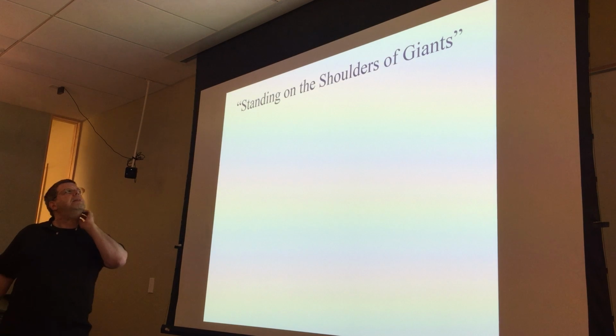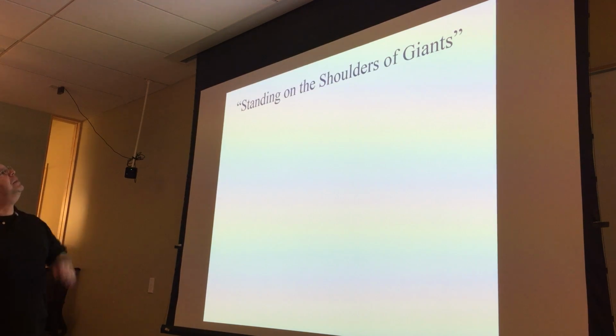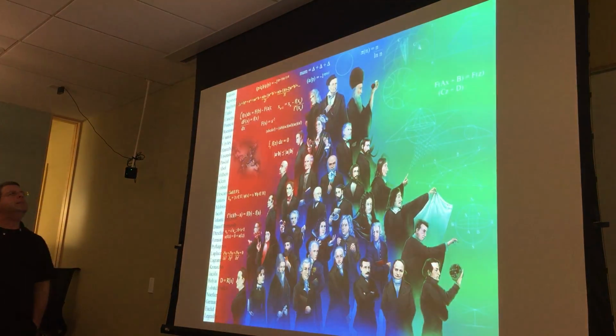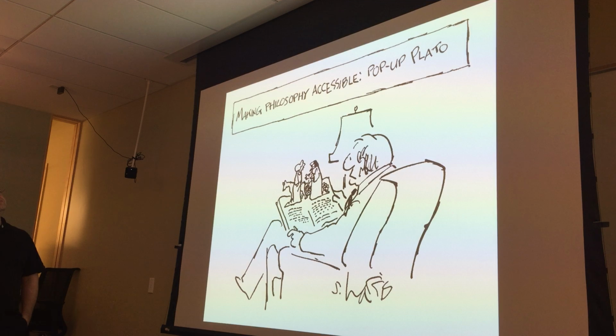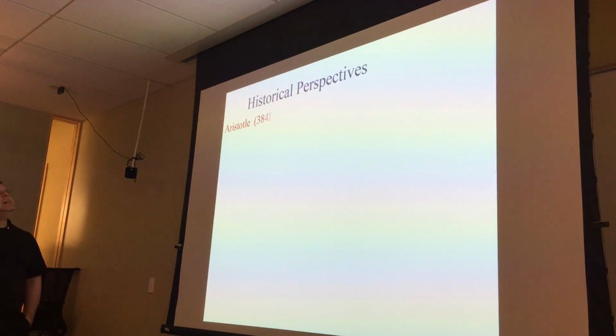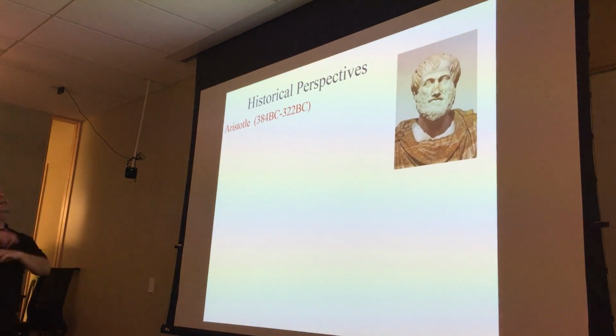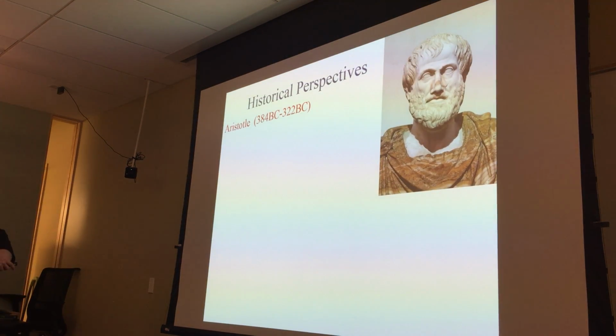So now we can go back in time and start with Aristotle again, and Plato. Aristotle lived in roughly 350 BC, and he founded all of Western philosophy, which is the basis of everything that came after that.